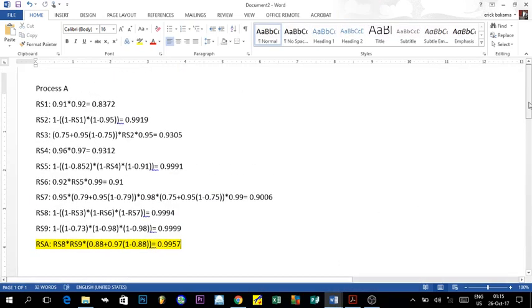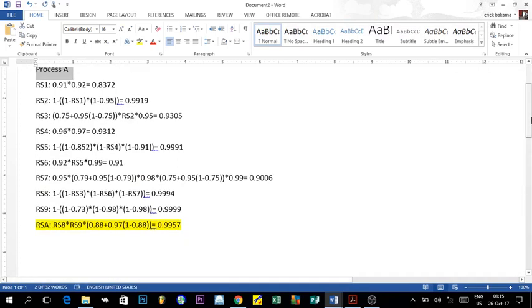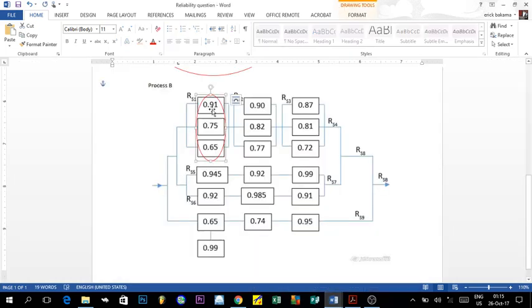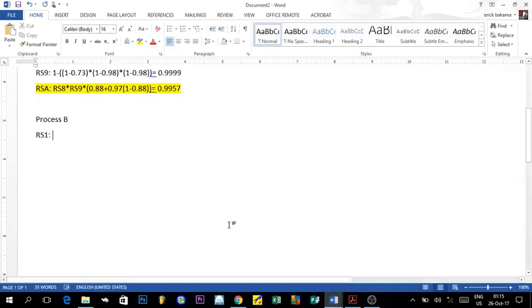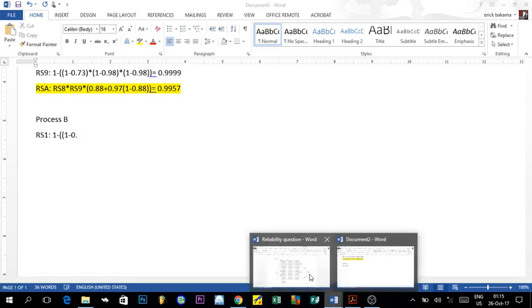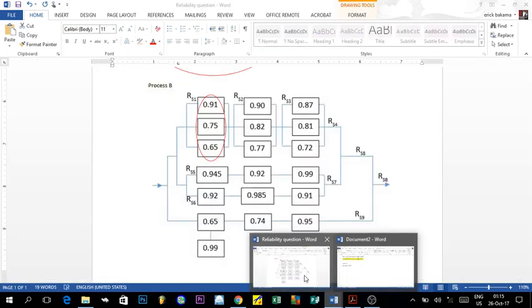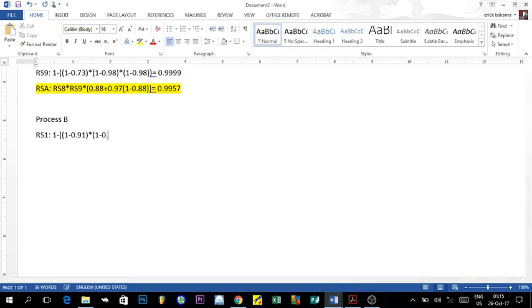So we need to solve process B by RS1, 3 components, all in parallel, 0.91, 0.75, 0.65. The formula is the same: 1 minus, you open your bracket, 1 minus the reliability of the first component, which is 0.91, times 1 minus the reliability of the second one, which is 0.75, times 1 minus 0.65.